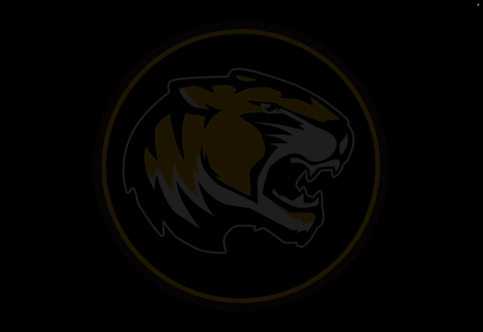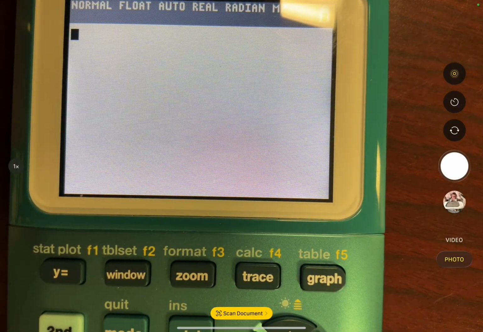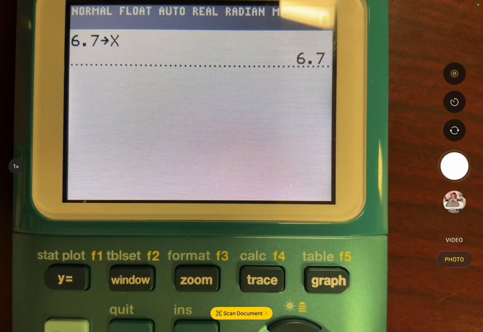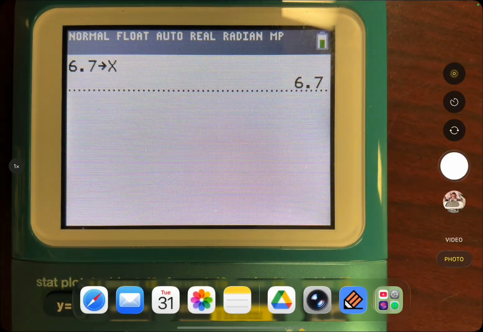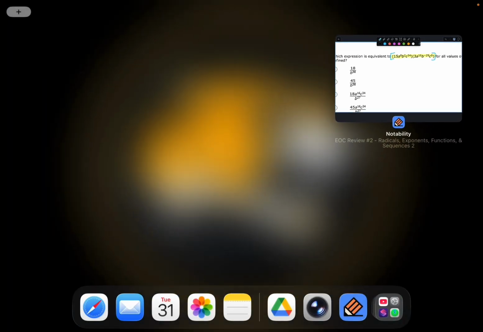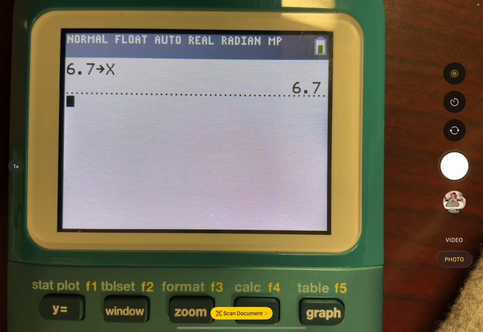Type 6.7, store x. Okay? Now we're going to type in the whole expression, all of this together into the home screen. Remember, instead of using A, B, C, you use an x every time. And yes, you do type in the power of 0. Because they were also not typing in the power of 0.